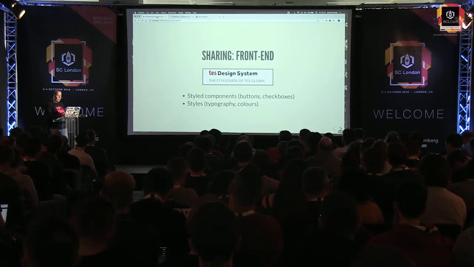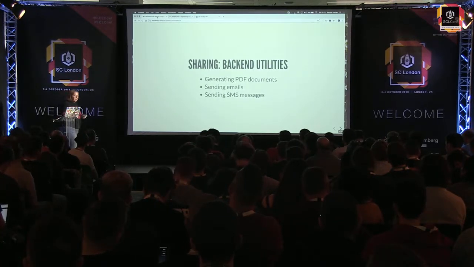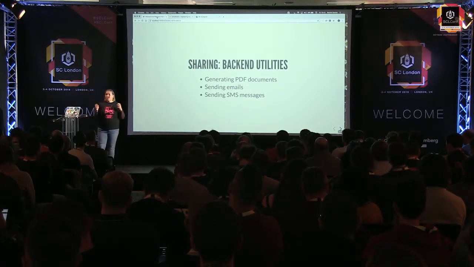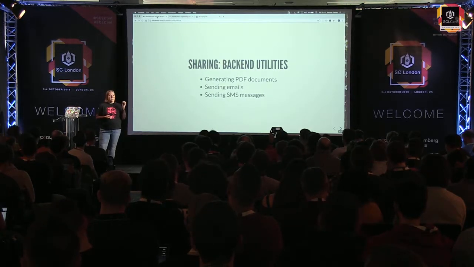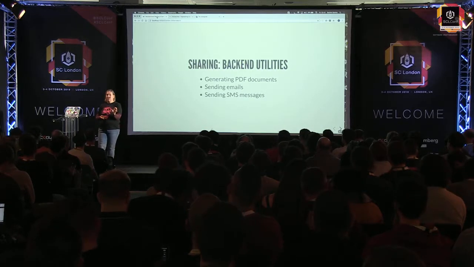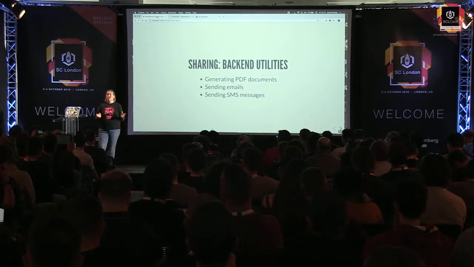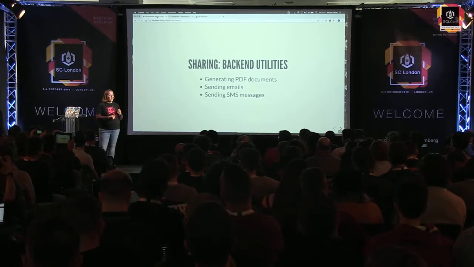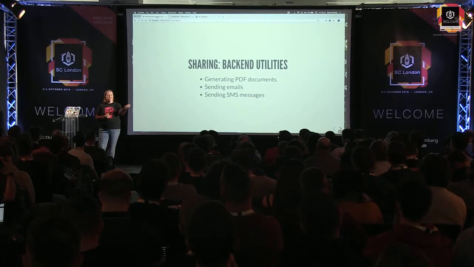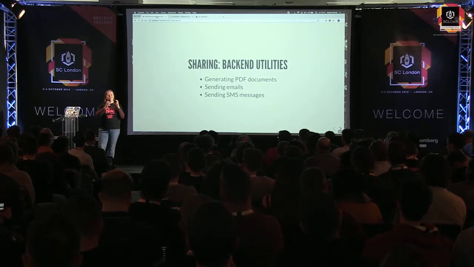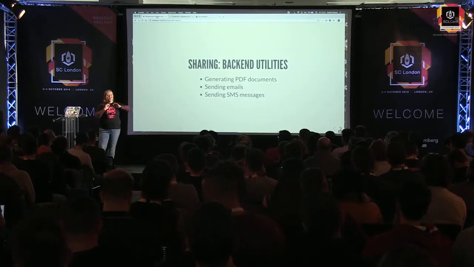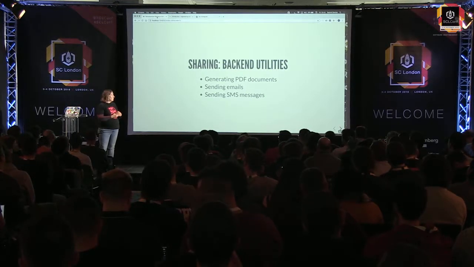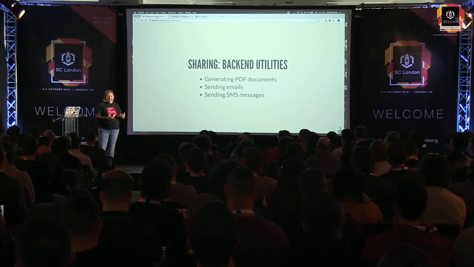The other kind of sharing we have, and these were written before my time, is a number of services that do a very simple and discrete function that any service might want to use, such as I can send a URL to a service and it will build a PDF document and put it on S3. Or I can send a message to a service and it will then generate an email or an SMS message.